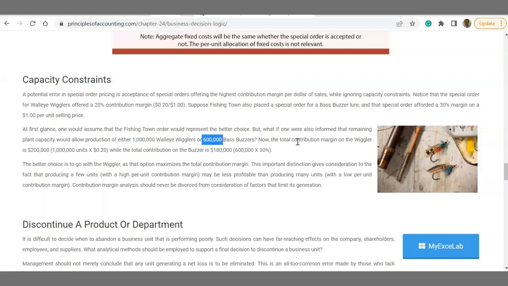So let's do the math now. The total contribution margin on the Wigglers is $200,000, 1 million units times 20 cents, while the contribution margin on the buzzer will be $180,000, because we can go up to only 600,000 units because of that capacity constraint. So just the higher contribution margin is not enough. You have to see what your capacity of production is.